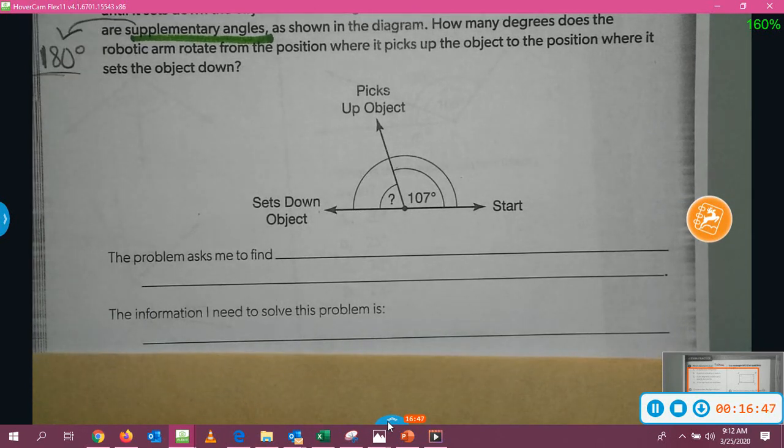Okay, the problem asked me to find the degrees of the robotic arm from the time it rotated from where it picked it up to where it put it down. So how can we say that in not so many words?